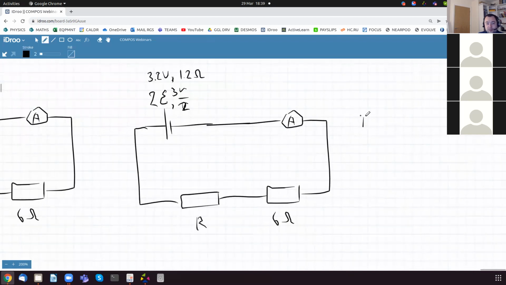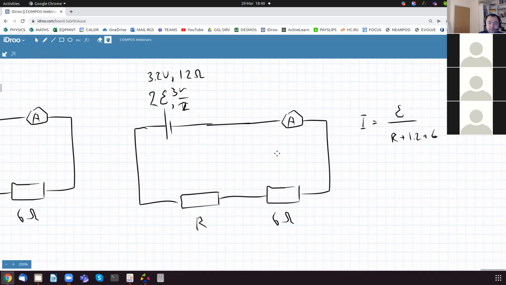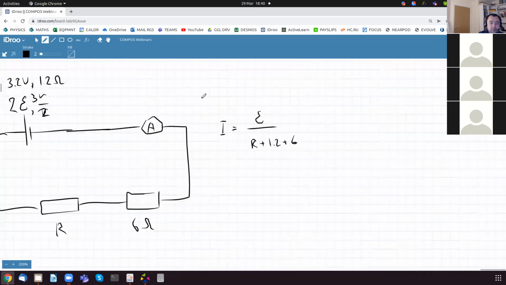So current is equal to EMF divided by the total resistance of the circuit, which is R plus 1.2 plus 6. Sorry, 2 EMF. So it's 3.2 divided by R plus 7.2.